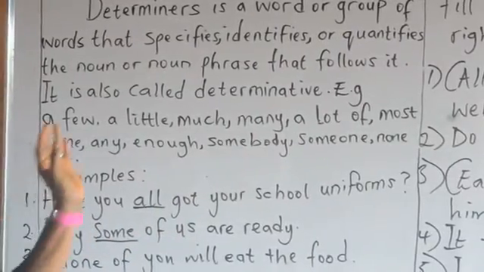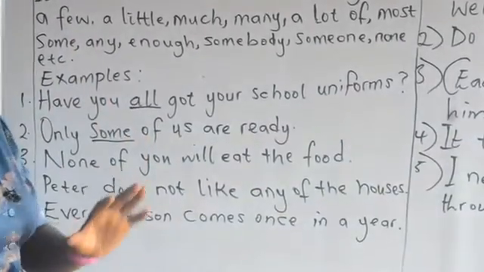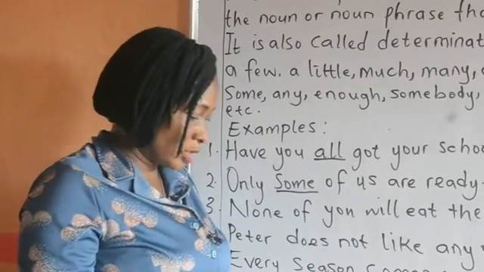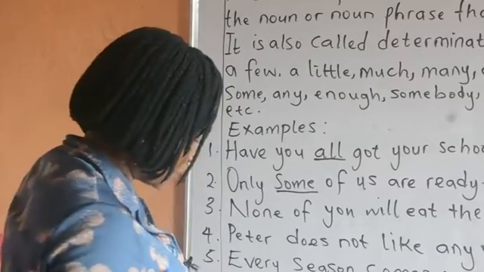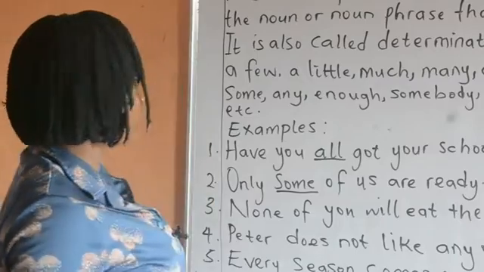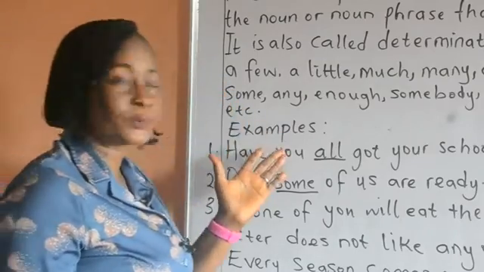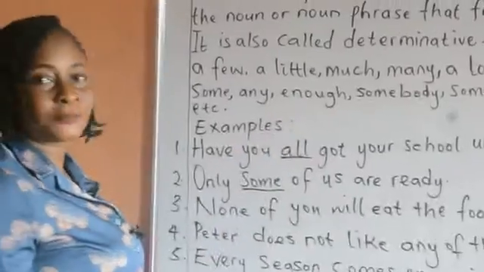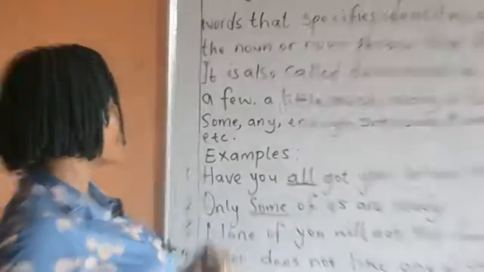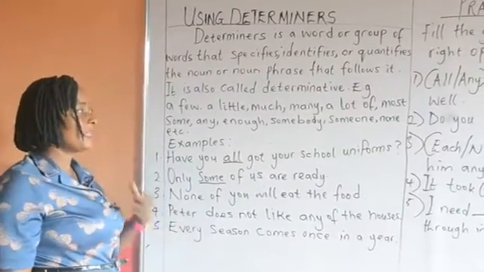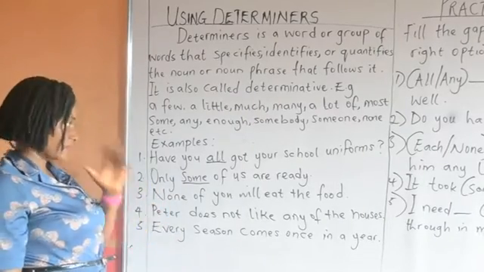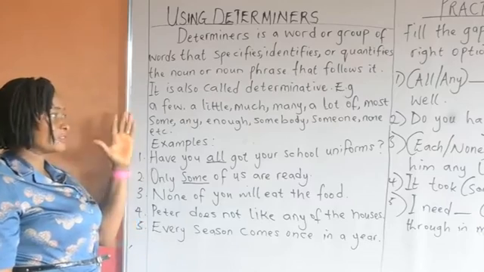So use your own discretion to know which is demonstrative, which is interrogative, which is indefinite article, which is definite article, which is a pronoun, which is possessive, which is demonstrative and quantifier, as the case may be. Alright, examples. A few, a little, much, many, a lot of, most, some, any, enough, somebody, someone, none, etc. So these are just some examples.